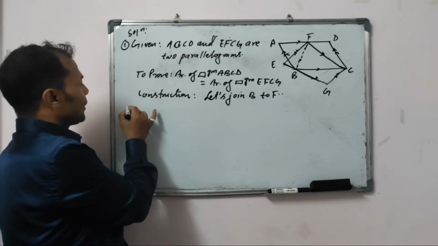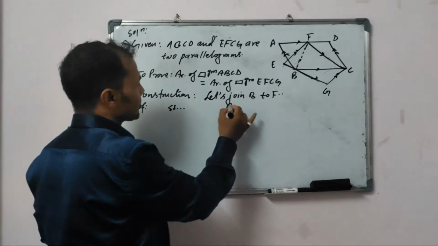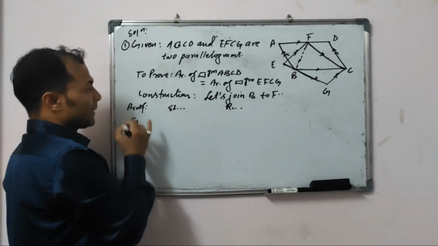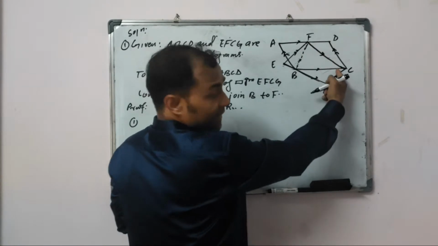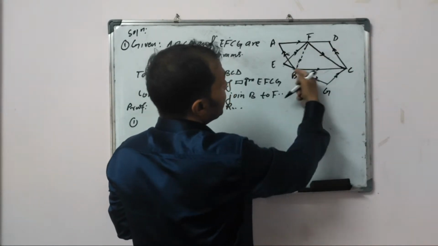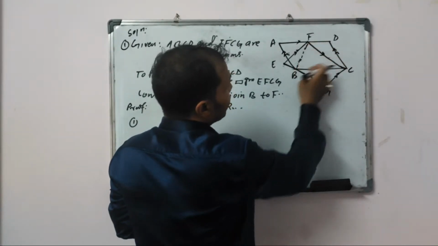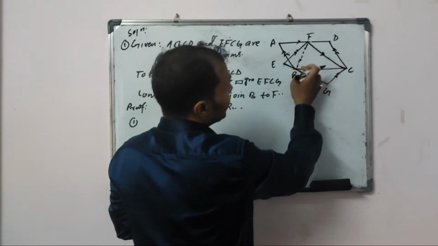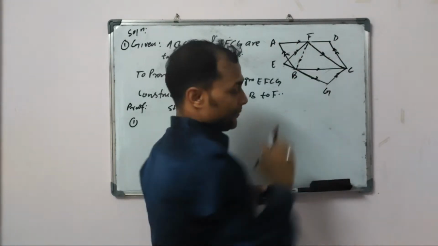How? Now in proof, statements and reasons, you can write that. First one, see carefully. ABCD is a parallelogram. Standing on this base, there is one triangle BFC. So obviously, triangle BFC will be half of parallelogram ABCD.